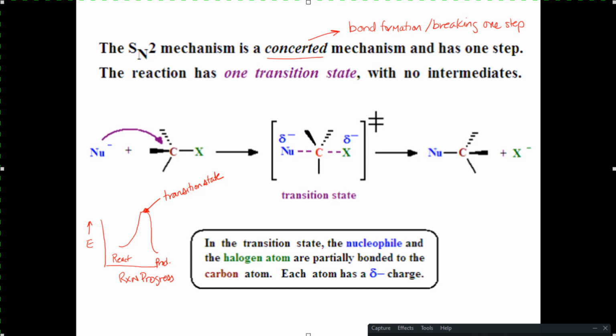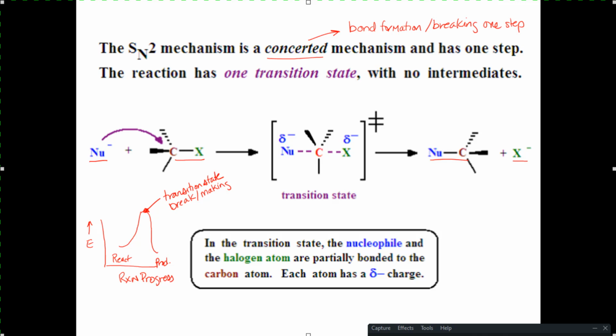The transition state is also where we get either the bond breaking or the bond forming. Sometimes we'll just have the bond break, sometimes we'll make a bond, but the transition state is where that process occurs. And so in this case, the way we represent the transition state is to think about what is in between the nucleophile reacting with the carbon-halogen bond and forming the nucleophile-carbon bond and the halogen.